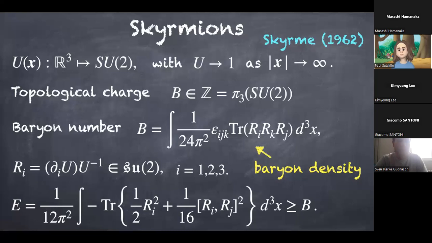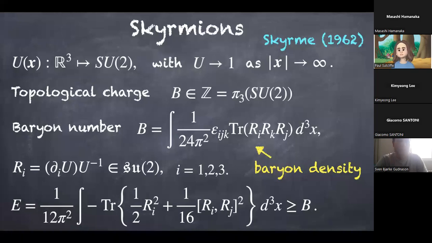So that integer is called the topological charge. I'll denote it by B because physically it's the baryon number. So if you're interested in studying a nucleus with B nucleons inside, then that B is this baryon number that you're interested in. So that's your number of skyrmions.